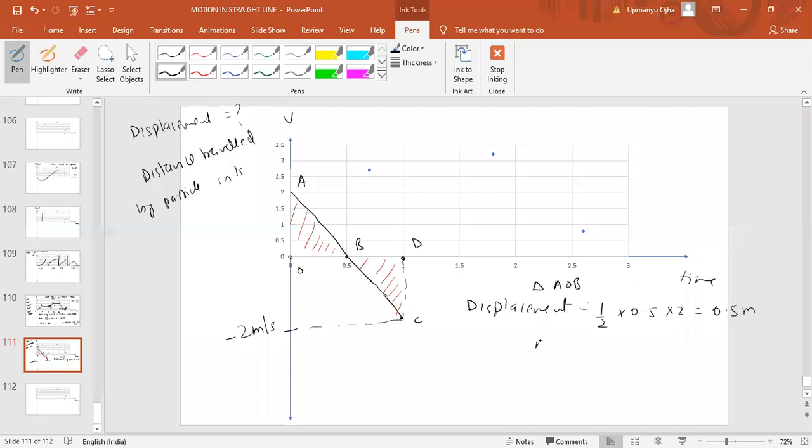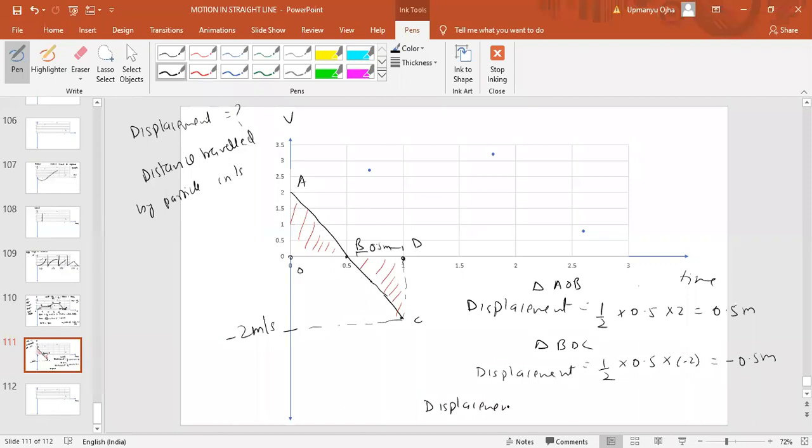And if I take the triangle BDC, then what is the displacement? That would be equal to half into 0.5, because now time interval is how much? 1 minus 0.5, that is 0.5. Correct now? Into velocity which is -2. So this will come as how much? Minus 0.5 meter. So what is the net displacement?